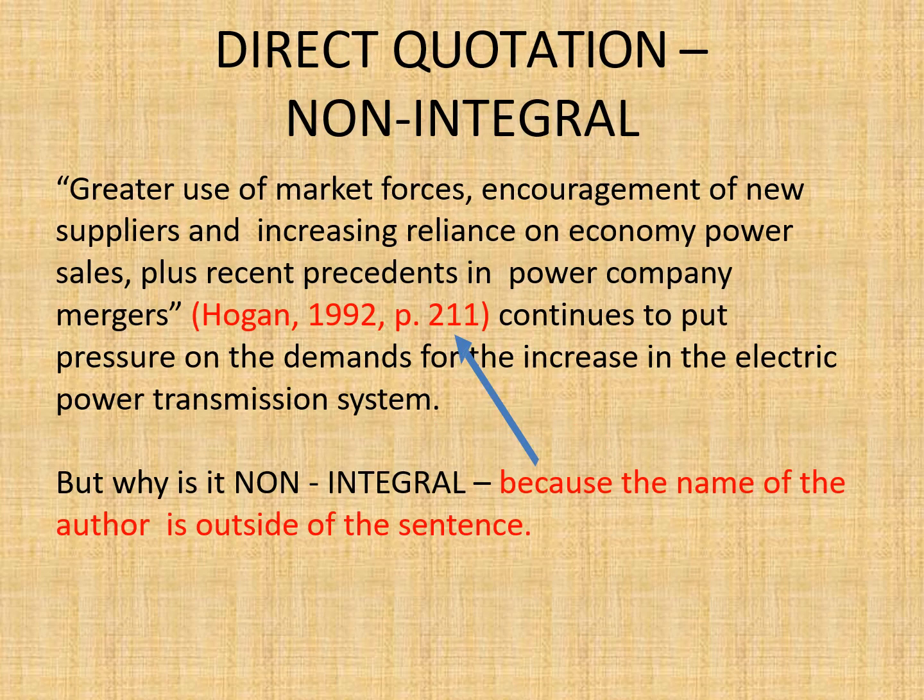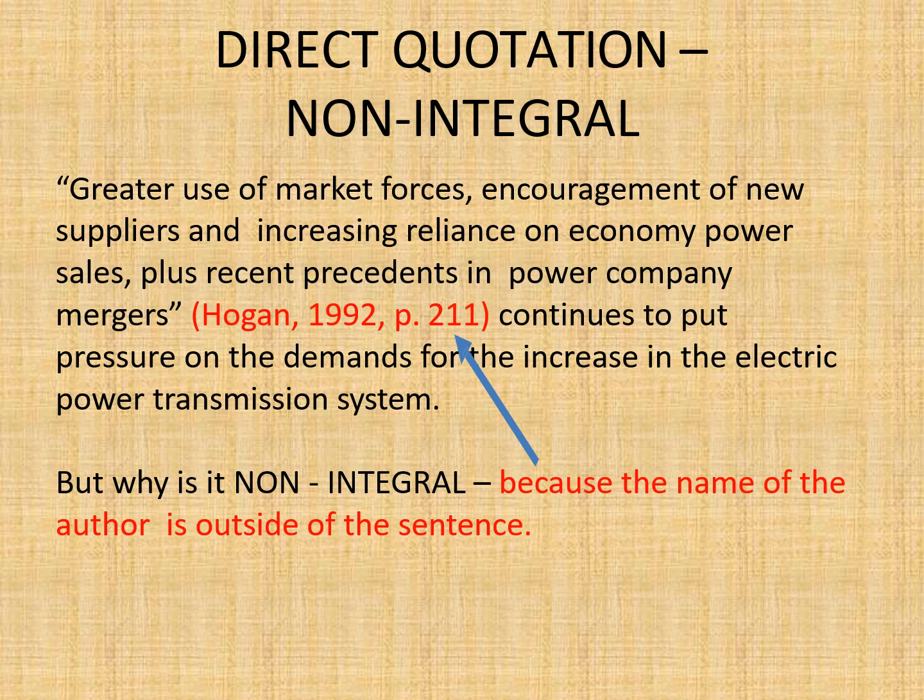This is another way of writing direct quotation non-integral where we put the cited text much earlier in the sentence or at the beginning of a sentence. Greater use of market forces, encouragement of new suppliers, and increasing reliance on economy power sales, plus recent precedents in power company mergers.